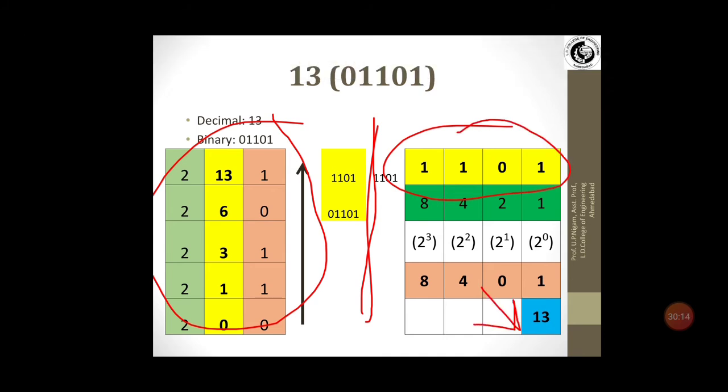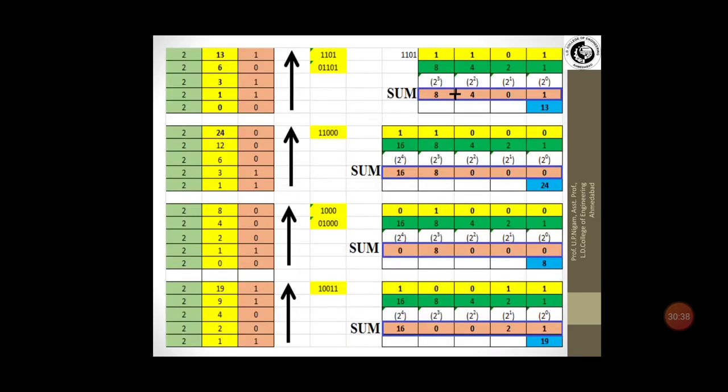We divide 13 by 2, then it appears as 6 and 1 is left. Then 6 divided by 2, nothing is left, so 0. Then 3 divided by 2, 1 is left, so 1 will be there. In such a way, in the reverse order, that value will be there. So 0 1 1 0 1 is the binary representation of 13, or 1 1 0 1. We can write anything. Here we can see the same process for the other values as well.